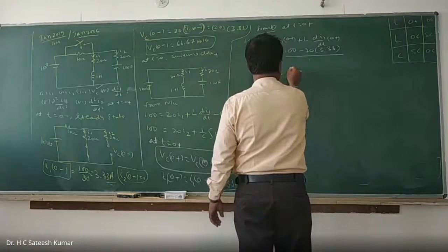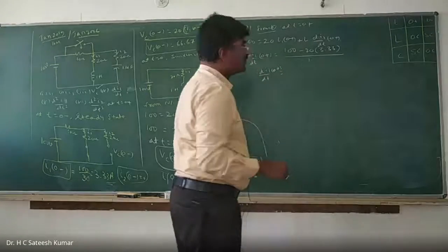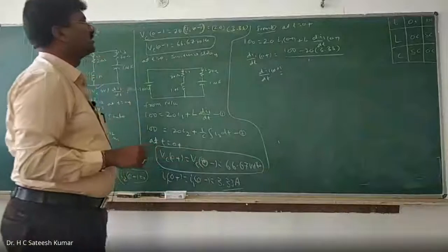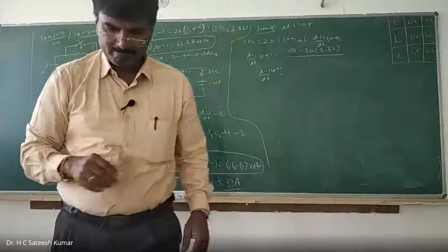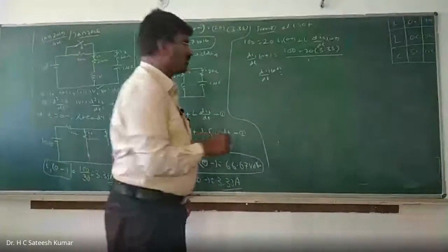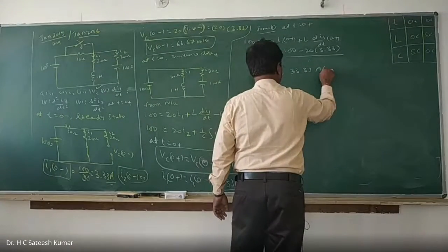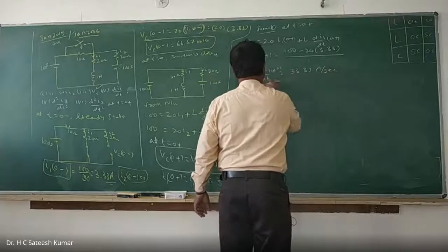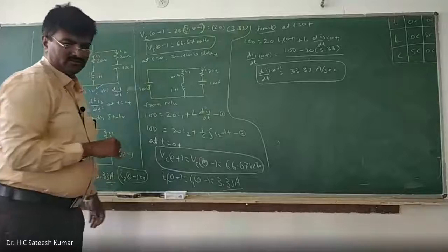So how much is di1/dt at 0 plus? 20 into 3.33 is 66.67, so 33.33 amps per second. That is your di1/dt at 0 plus.